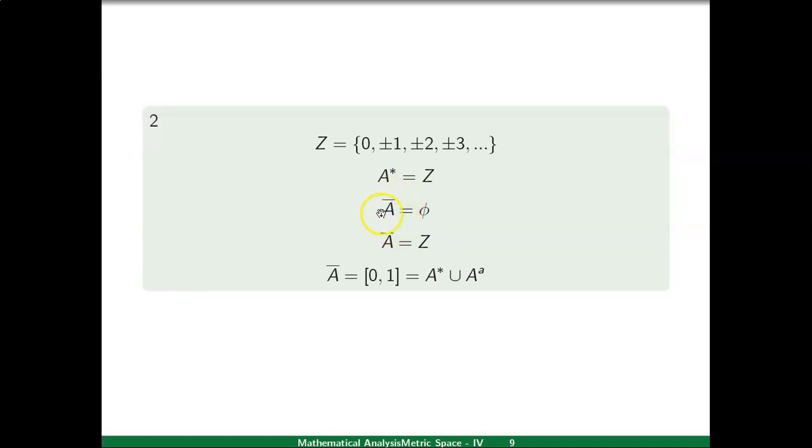Please note this correction: this is not A bar, this is the set of accumulation points, and the set of accumulation points will be an empty set here, and A bar, the set of adherent points, is the set Z itself. So A bar is the union of isolated points of set A and accumulation points of set A, which comes out to be the set itself. It is Z. Make a correction here, it is Z.